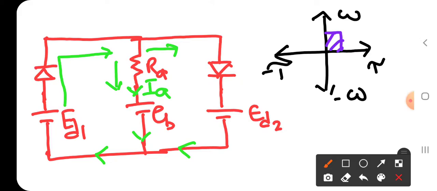Can you write a few sentences regarding this? Write that the torque produced is positive. Motor is rotating in clockwise direction.